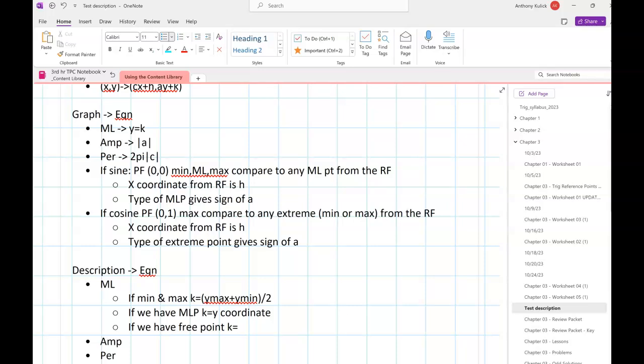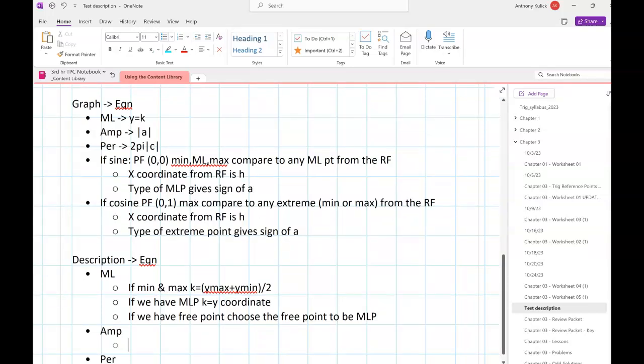If I have a free point, choose the free point to be a midline point, and then you just do what you did for a midline point, right? Everybody's okay with that?